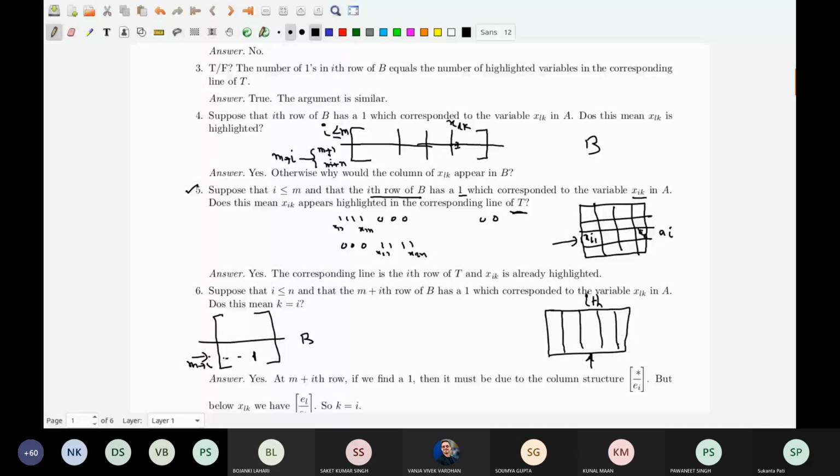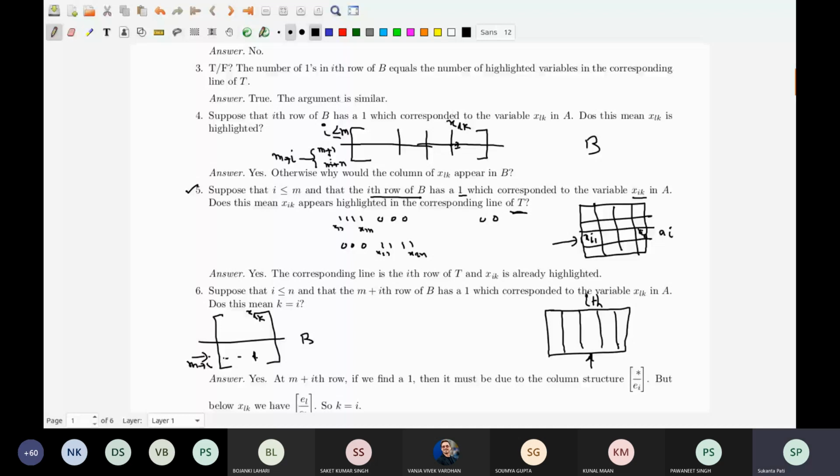Wait a minute. If I am looking at the m plus ith row and I am seeing a 1 over here, if you have actually observed the transportation matrix, then the structure of this particular column should be, because at the m plus ith row I have a 1, that means this is something and this is ei, because you are having a 1 at the ith position, right?